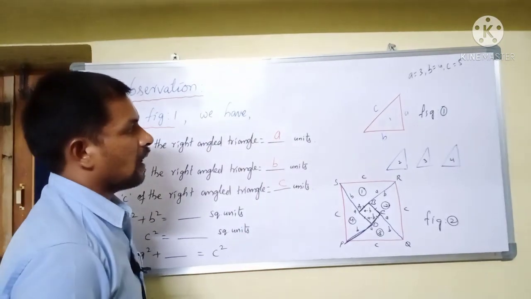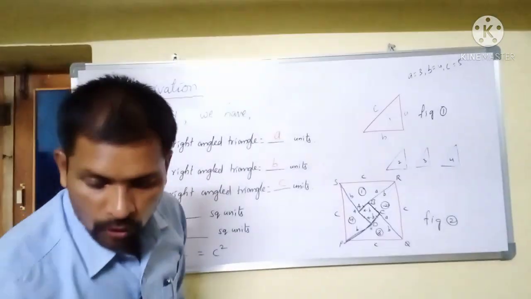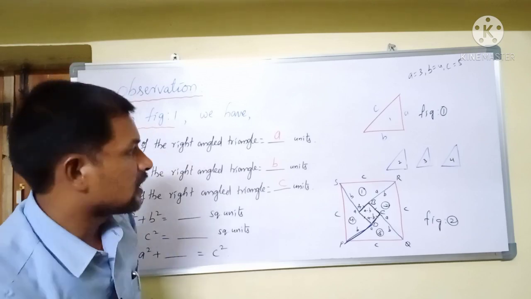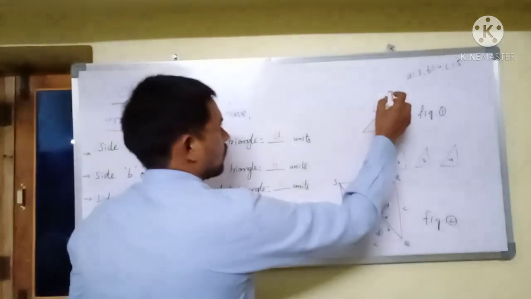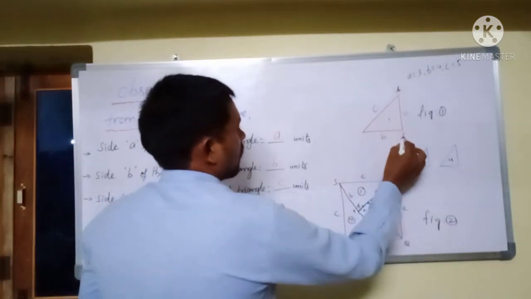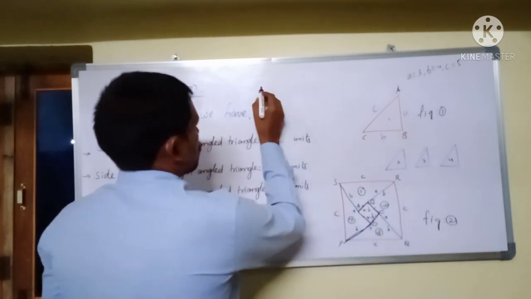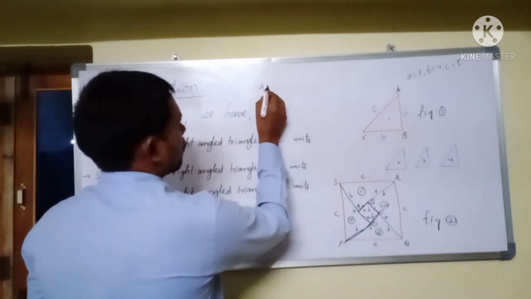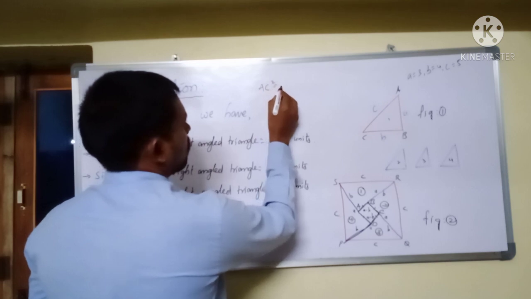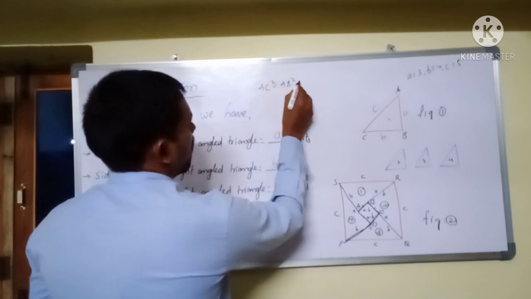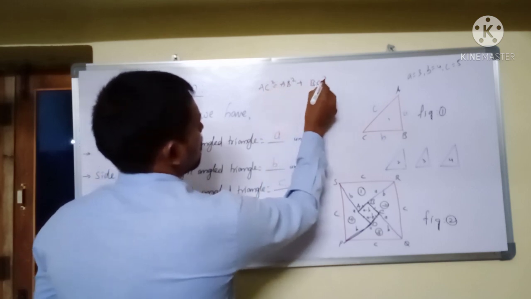By using the Pythagoras theorem, we can calculate it as ABC. Pythagoras theorem: AC square is equal to AB square plus BC square.